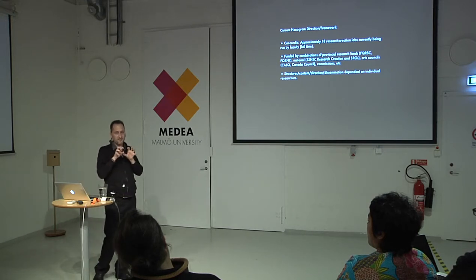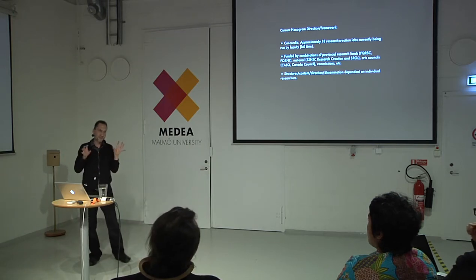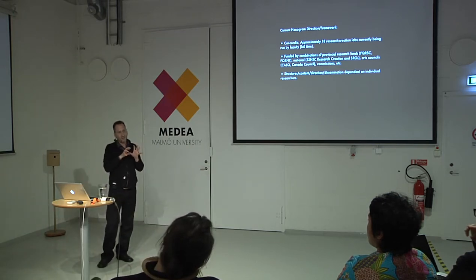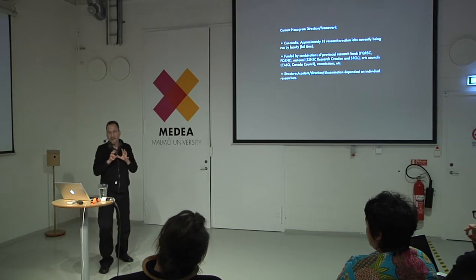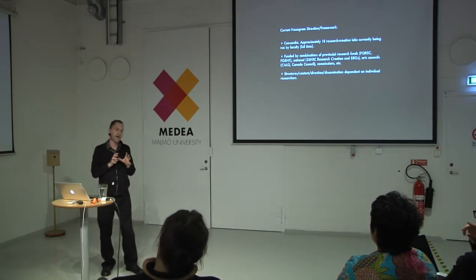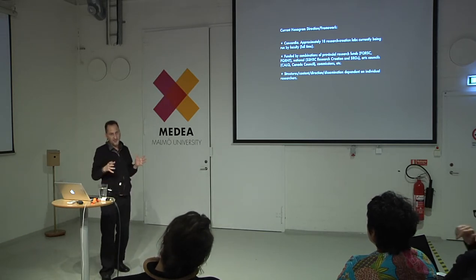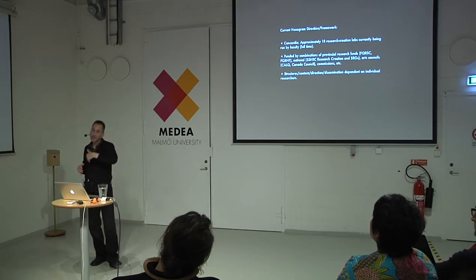These labs, it's a kind of parasitic relationship. These labs utilize the Hexagram structure, but they're not funded by Hexagram. They're funded by individual faculty applying for funding from the various research councils in Quebec as well as Canada.